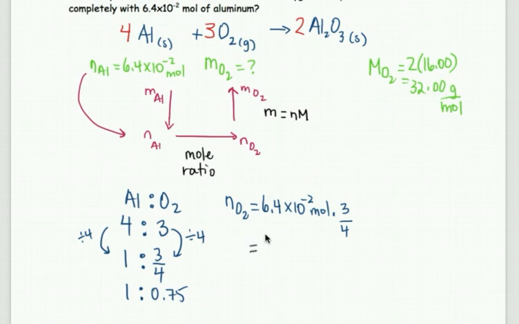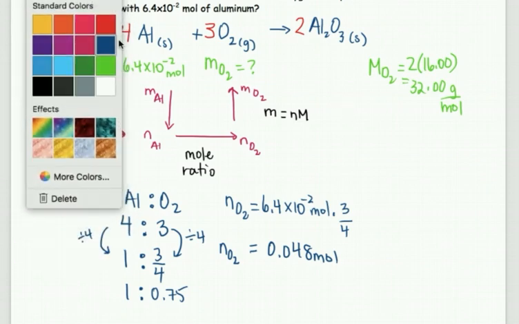So if we take that, times 3 divided by 4, we'll get 0.048 moles here. So we now found the moles of oxygen. All right, and then instead of going down the page, we're going to write the work right here. I'll just use a different color here.